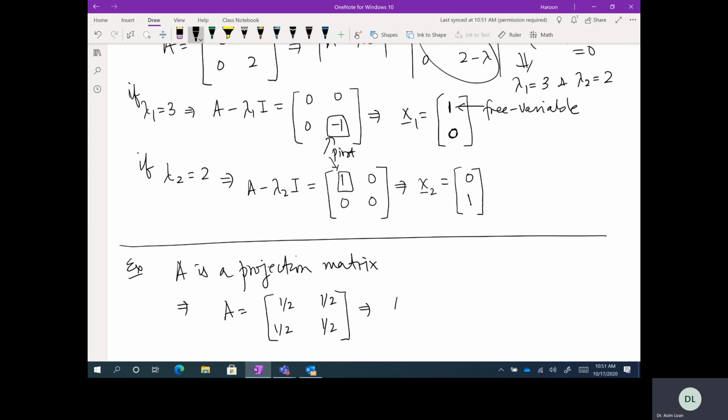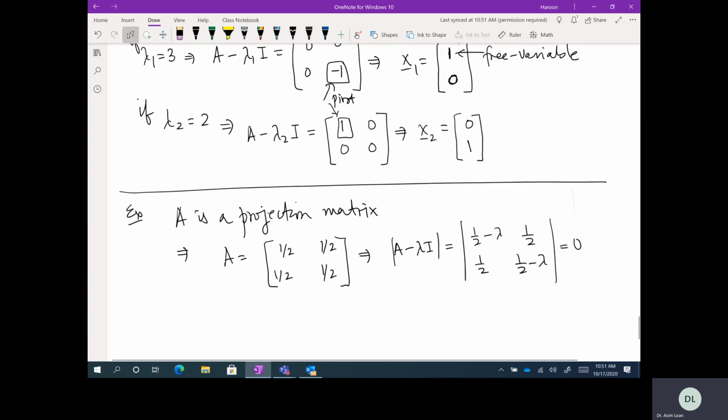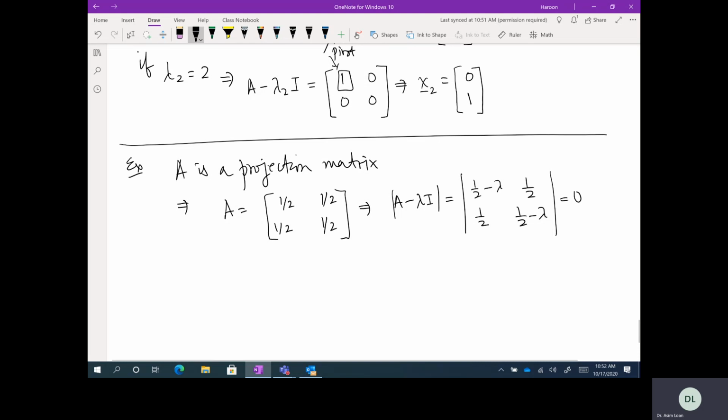So A minus lambda I determinant is half minus lambda, half, half, half minus lambda. And again, this is equal to 0. If I find the determinant, this implies half minus lambda whole square minus half square equals 0.